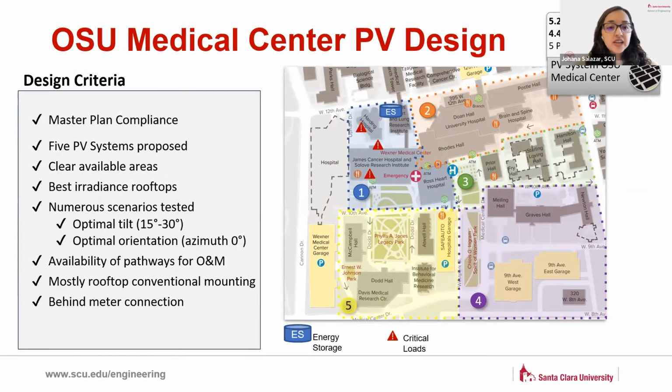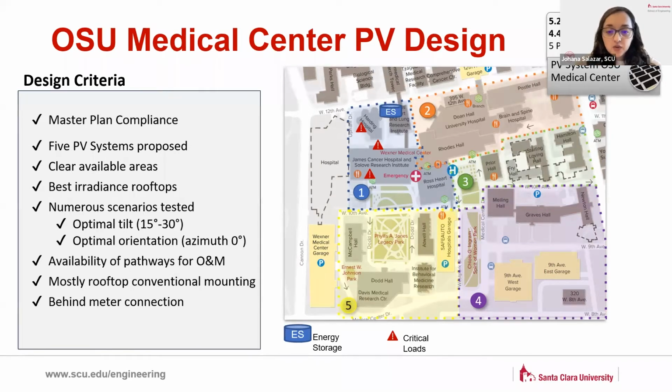For the Ohio State Medical Campus Center PV design, we considered several characteristics in order to perform our conceptual design. The first thing we did, as you can see in the picture, was divide the area into 5 subsystems so that we were able to analyze each particular area in detail.